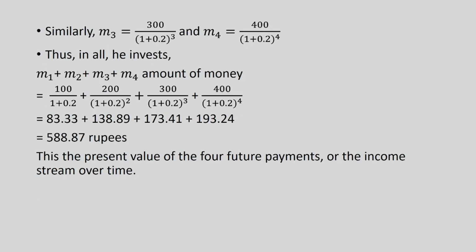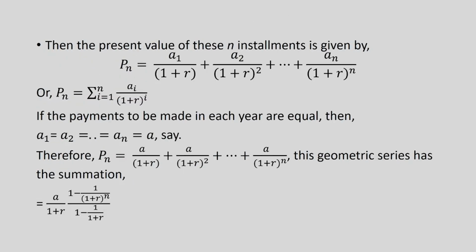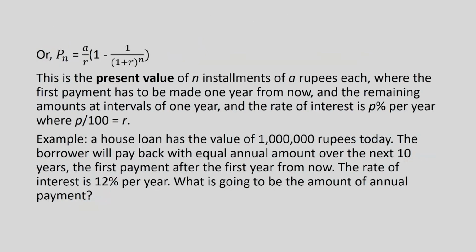We have talked about one example of PDV, and this is the general form that we have found, that you have a limited number of periods in which a person can get certain income or profit.